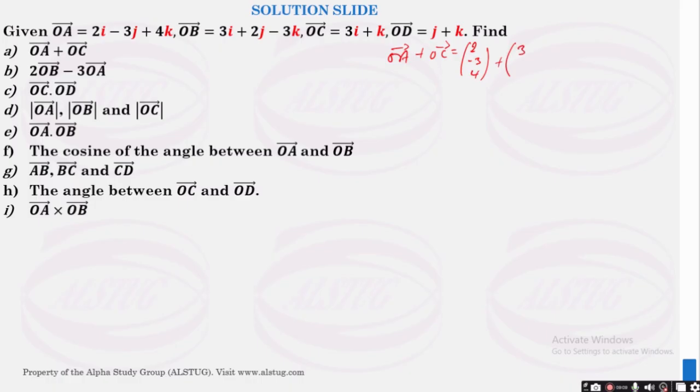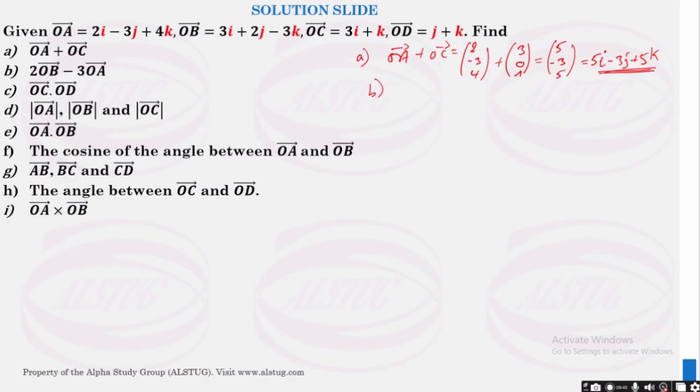OC will be 3, the j component is absent, which means it is 0, then the k component is 1. So this will give us 2 plus 3, 5. Negative 3 plus 0, negative 3. 4 plus 1, 5. So in reality, OA plus OC is going to be 5i minus 3j plus 5k. That is for question A.